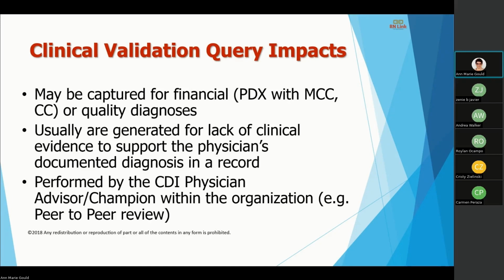Usually your physician advisors or champions have been around a while. They've been docs for a while. You're not talking 3 or 4 years of experience, you're talking 10, 20 years of experience as physicians. So it's always important to get your physician champions involved, and hopefully they are part of the escalation process at your facility.